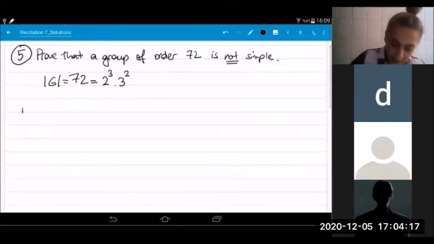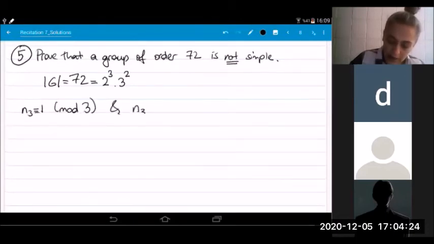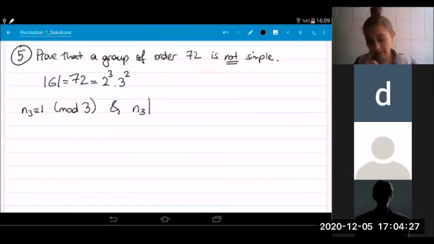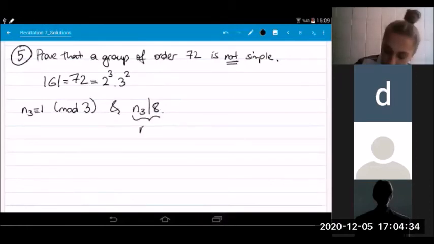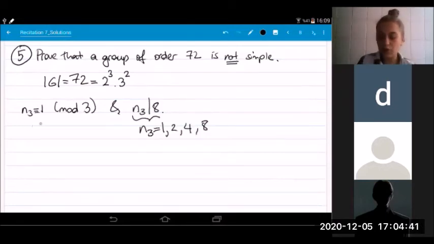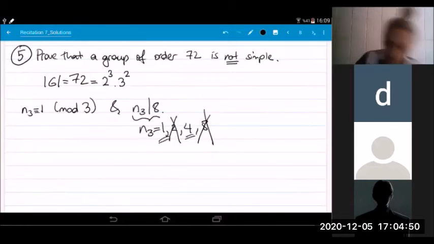So, N3 has to be 1 modulo 3, and N3 has to divide 8. So what are the possibilities from here? N3 is 1, 2, 4, or 8, but we know that it has to be 1 modulo 3. So this means that we have only 2 possibilities, 1 or 4. Okay? If it is 1, we are done.